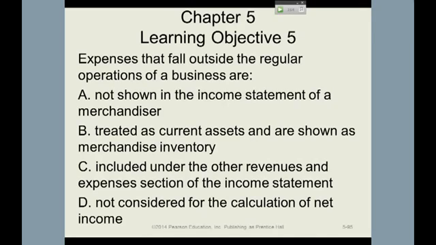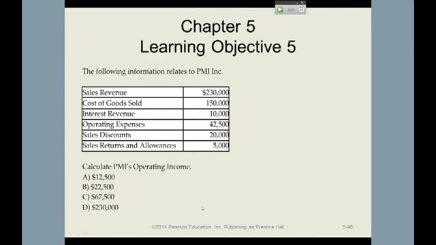All right, so now I want you to calculate the company's operating income. So I want you to look at the company and its sales, cost of goods sold, interest revenue, operating expenses, sales discounts, sales returns and allowances, and we're looking at operating income.